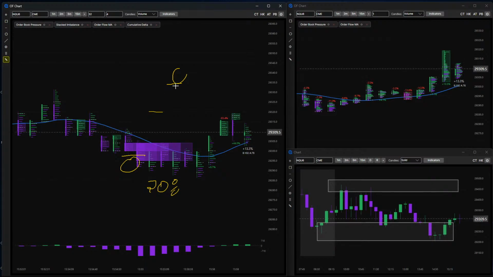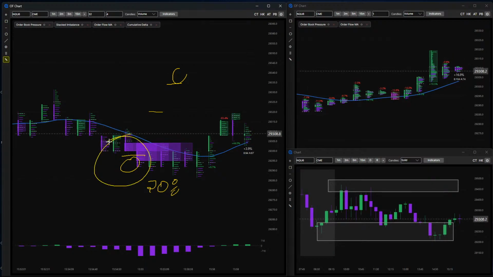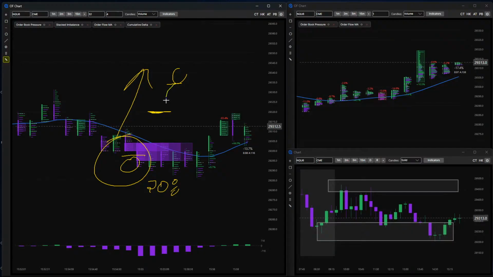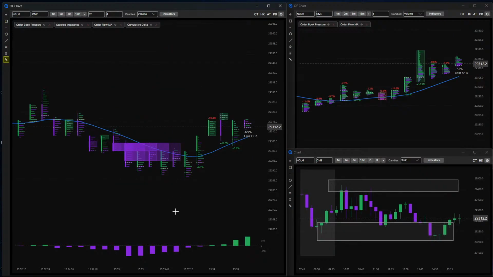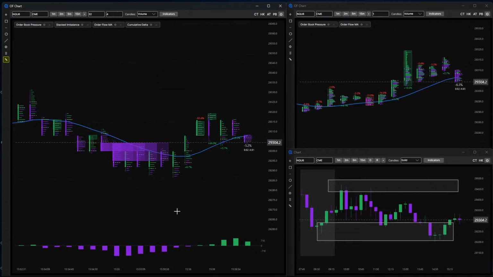That means there's 20% more buyers here that are looking to lift it up. So if you're currently trading here, then the path of least resistance, because there are more buyers than sellers right there, is pointing upwards. I hope this makes sense. I've been trading for 10 years, so sometimes it just comes natural to me. But hopefully this makes sense.